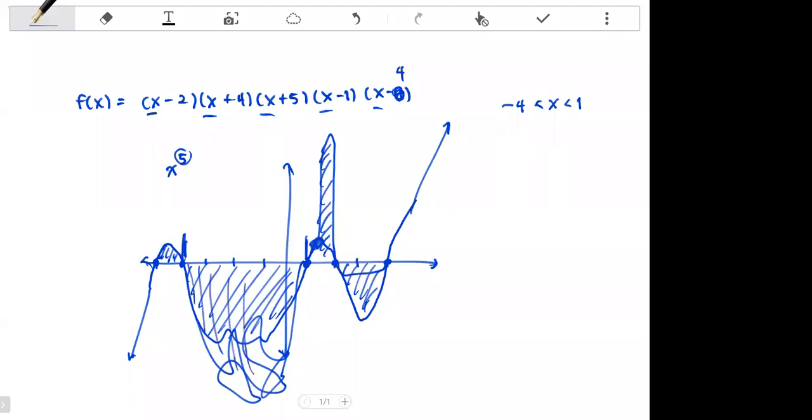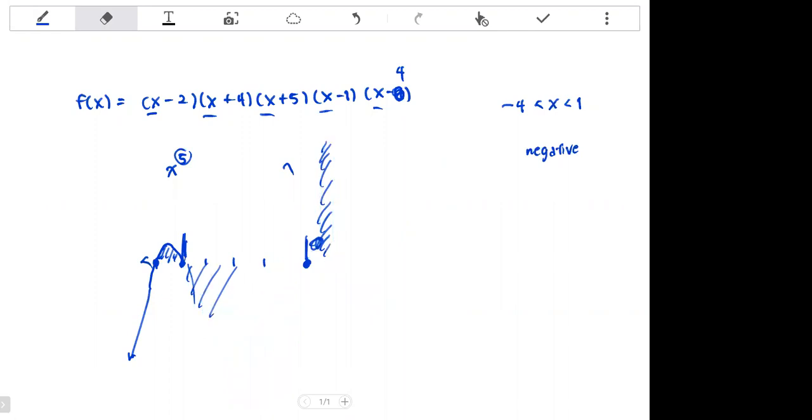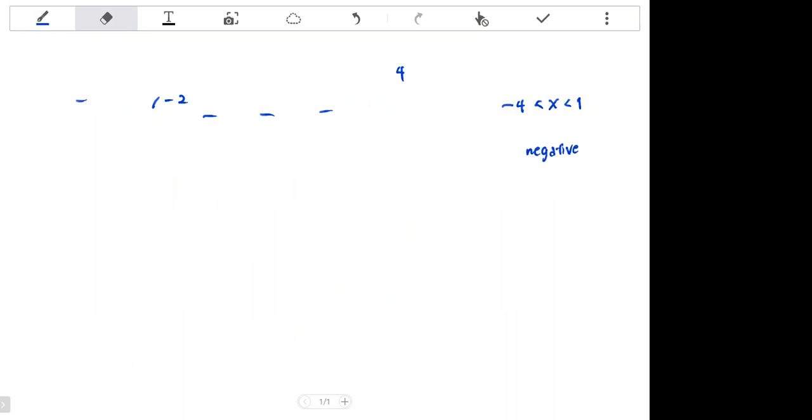So our sign is going to be negative. Does that make sense? Hopefully that made sense to everyone. That's how you find signs between different intervals when given zeros.